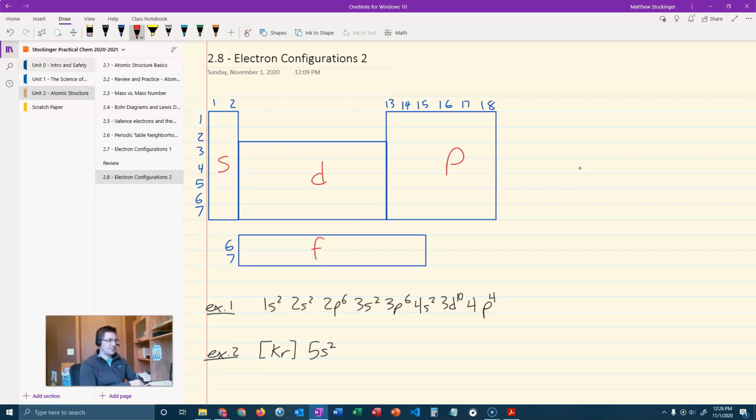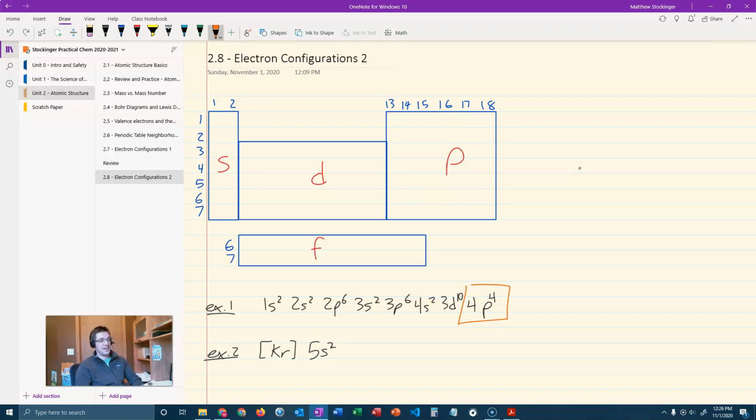And what this means is that, like here, look at example 1, you don't have to add up all these superscripts anymore. All you need to look at is this last thing, 4p4. You see, if it ends with a P, I already know that whatever element this is in example 1, it's somewhere here in the P block.